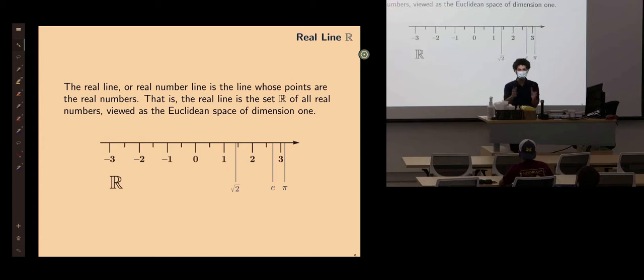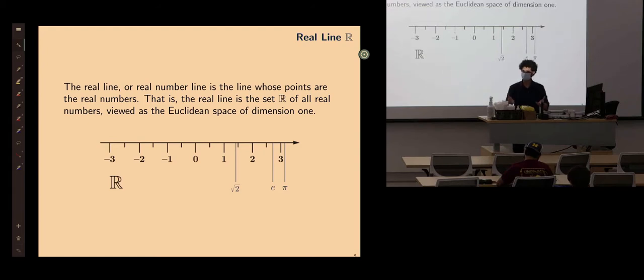Real line. This is the building block of what we're going to talk about. Everything we talk about is made of this set. So the set of real numbers is something that intuitively you are all familiar with. All the numbers you know, negative, fractions, rational, positive integers, right?